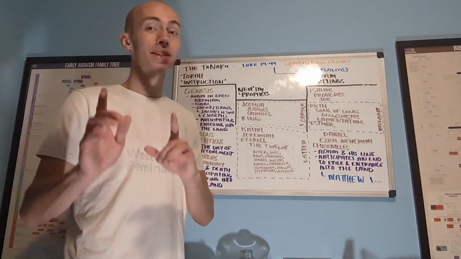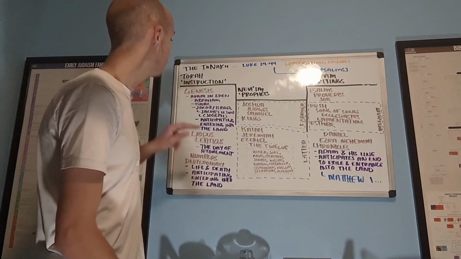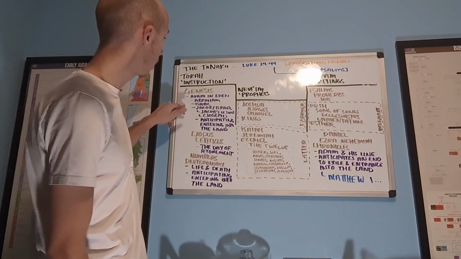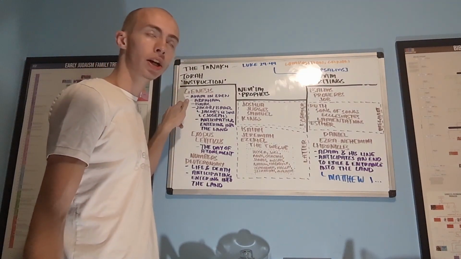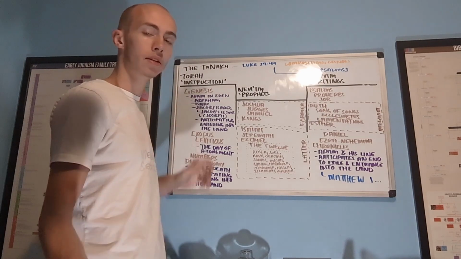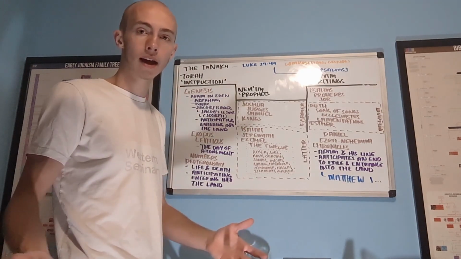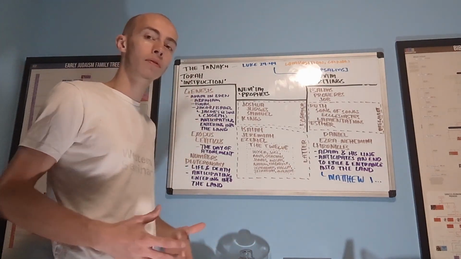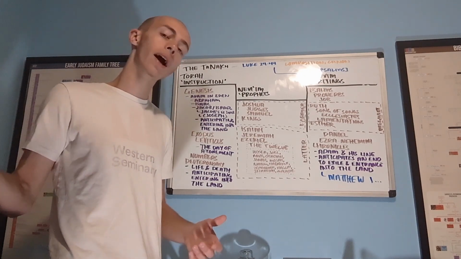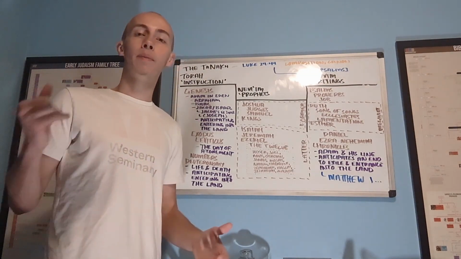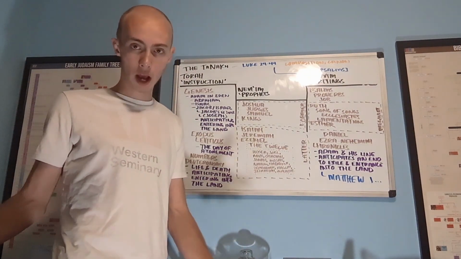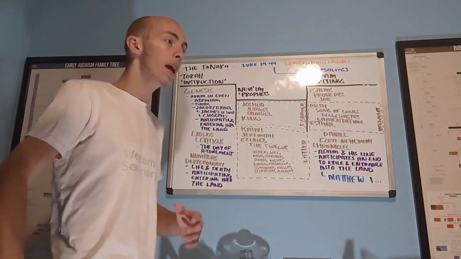Okay, it gets even deeper though, because if you go back to the story of what in Jewish tradition is called the Akedah, that is the story of when Abraham is told by God to sacrifice Isaac, and he's about to do it, but an angel of Yahweh stops him.